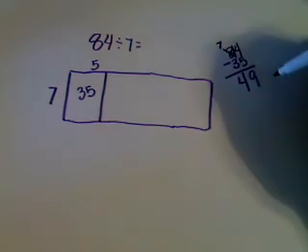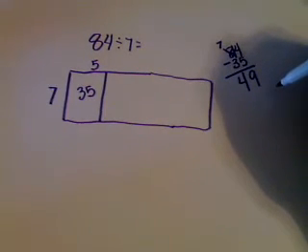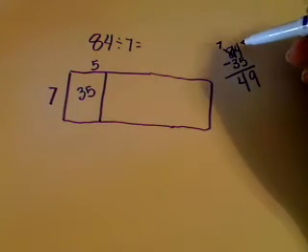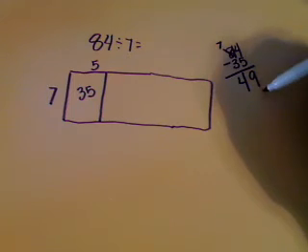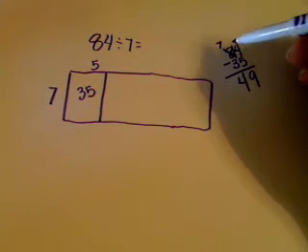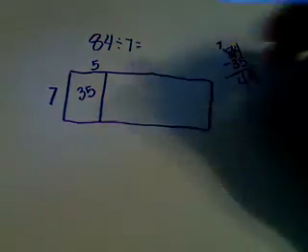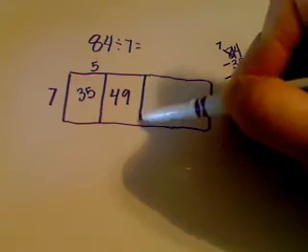Wait a minute, that's a fact too of 7s. If I had to do 49 divided by 7, right? Did I do that math right? 14, 13, 12, 11, 10, 9, that's right. But I had to borrow there, so 7, 49. So I know I have 49 left in there.